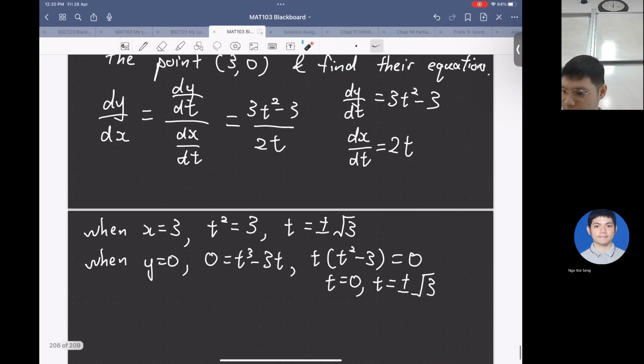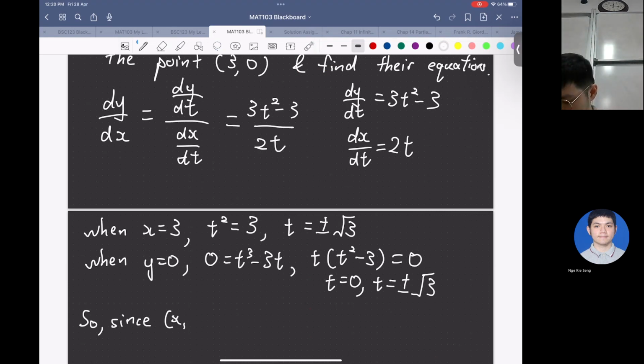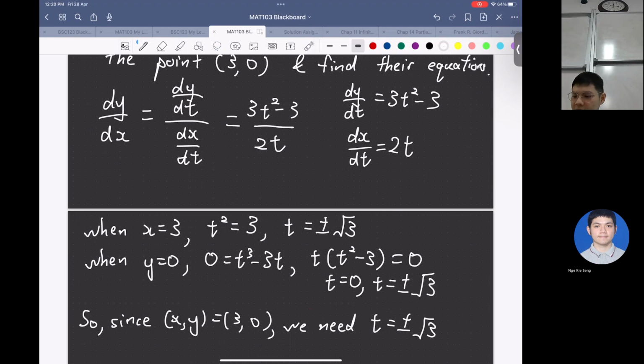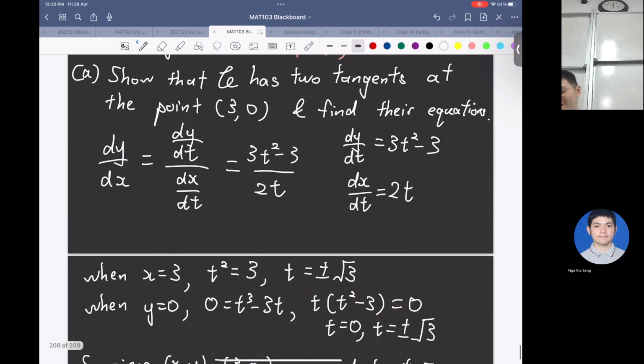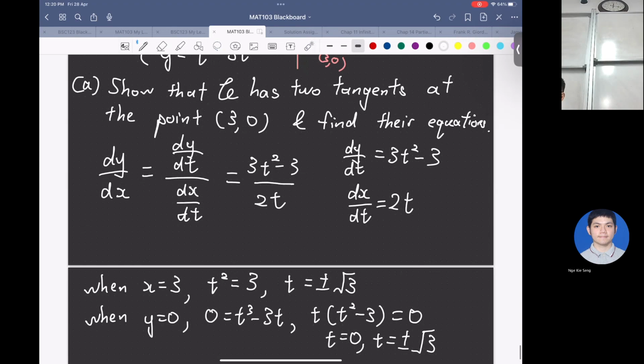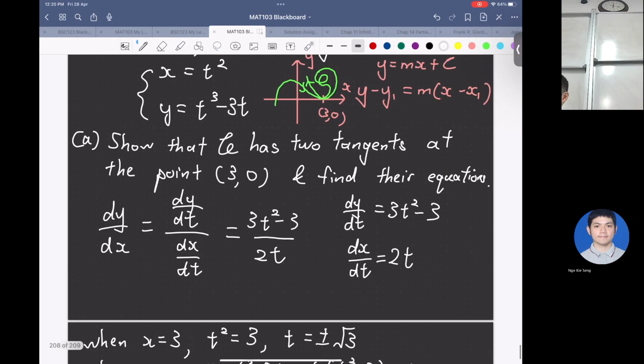Okay, so since (x, y) equals (3, 0), we need time equals plus minus square root 3. So when t equals 0, what happened to x?